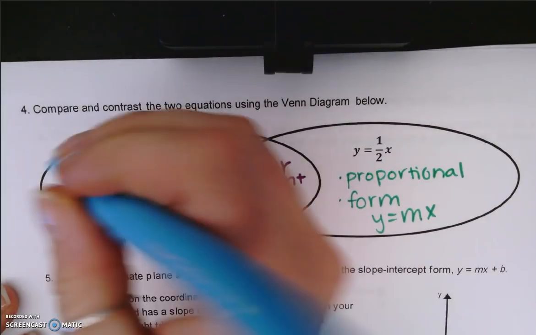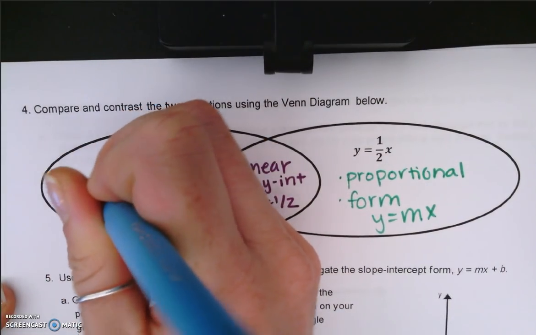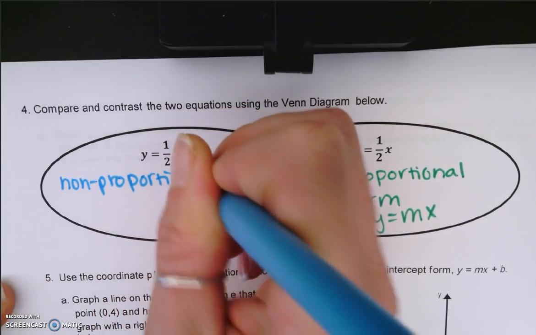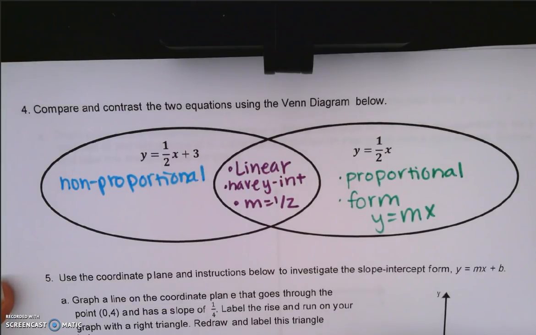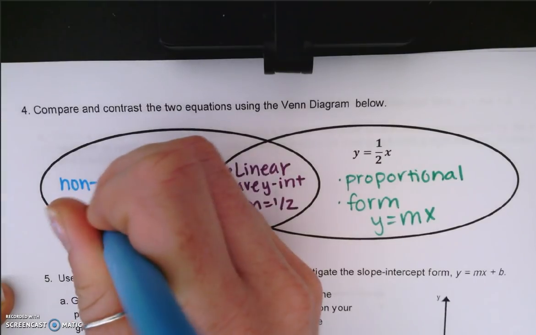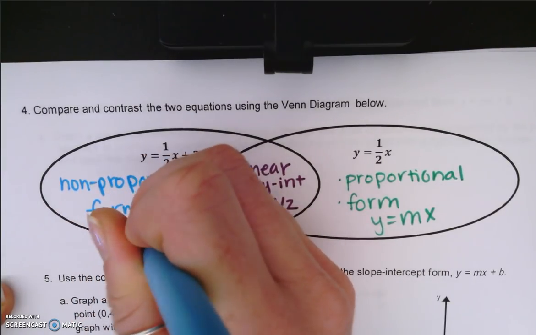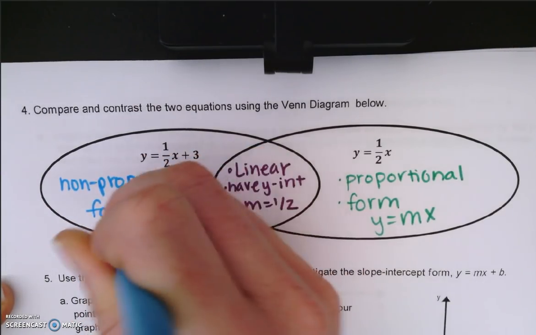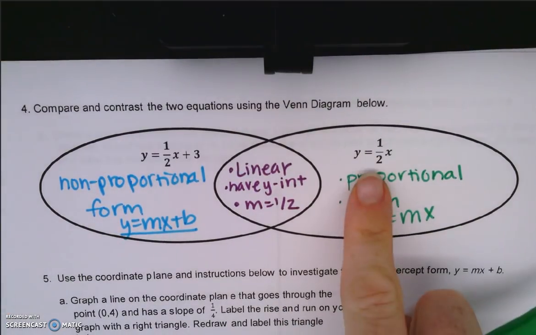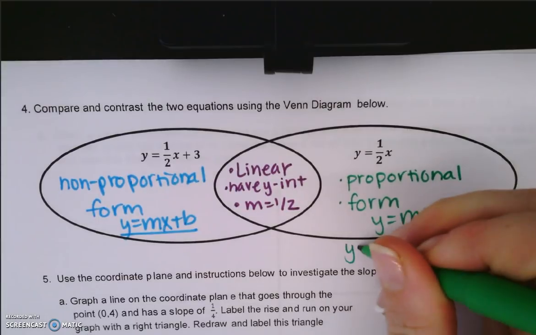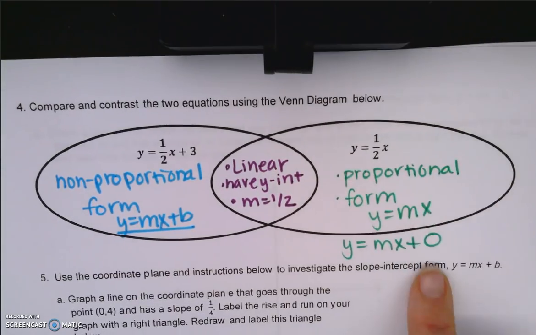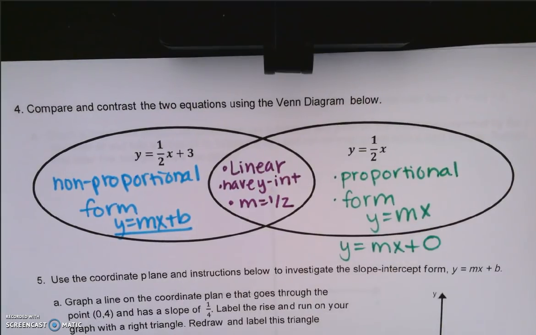Where our new equation is non-proportional, which means the graph does not go through the origin but is still linear, and the equation is in the form y equals mx plus b, which is slope-intercept form. We can say that this equation is also in slope-intercept form. It's just that the b value is 0, so we don't write it in.